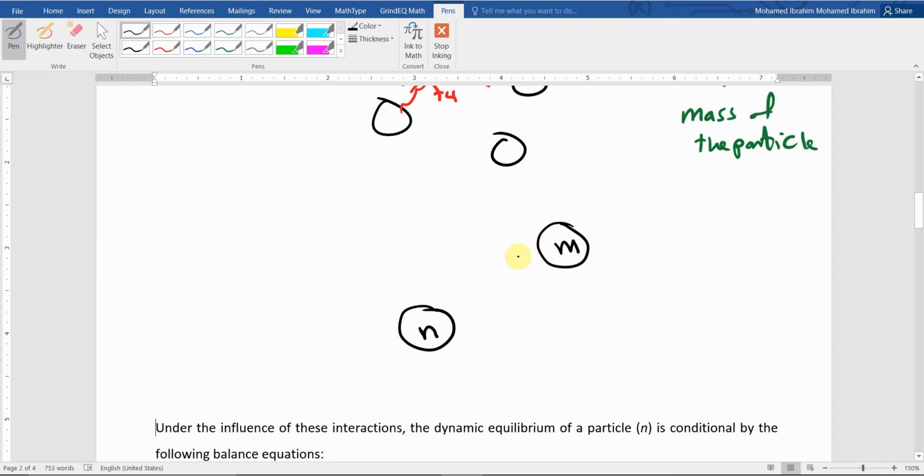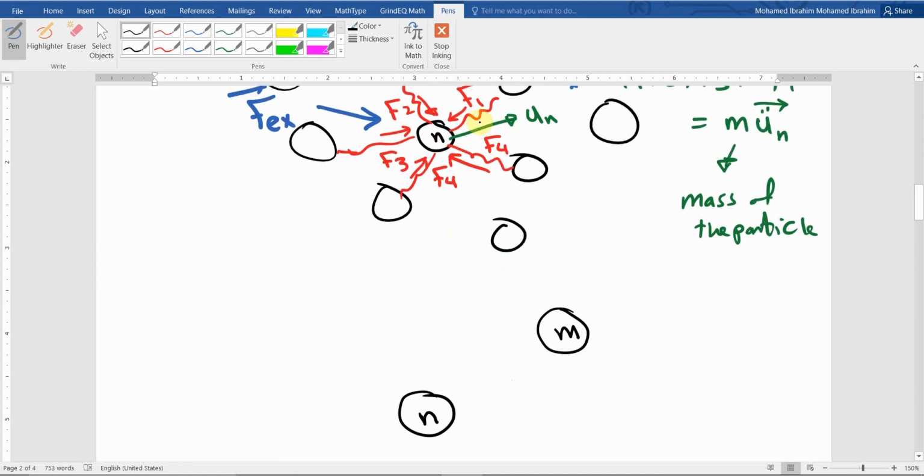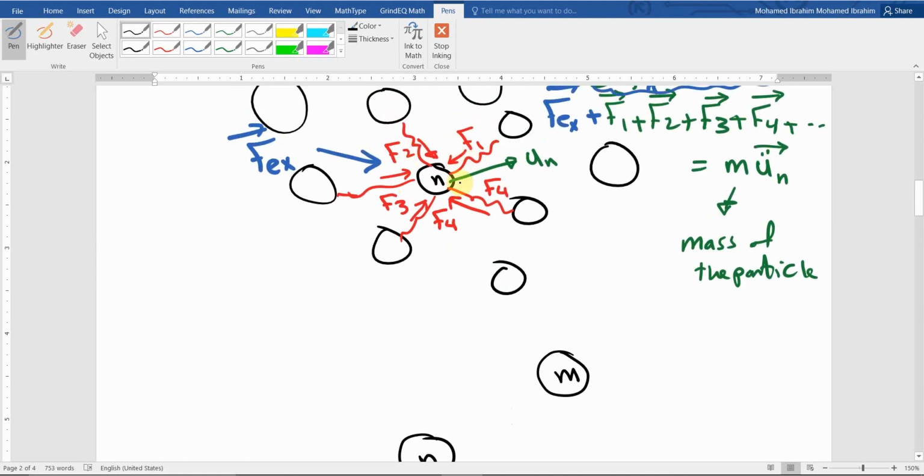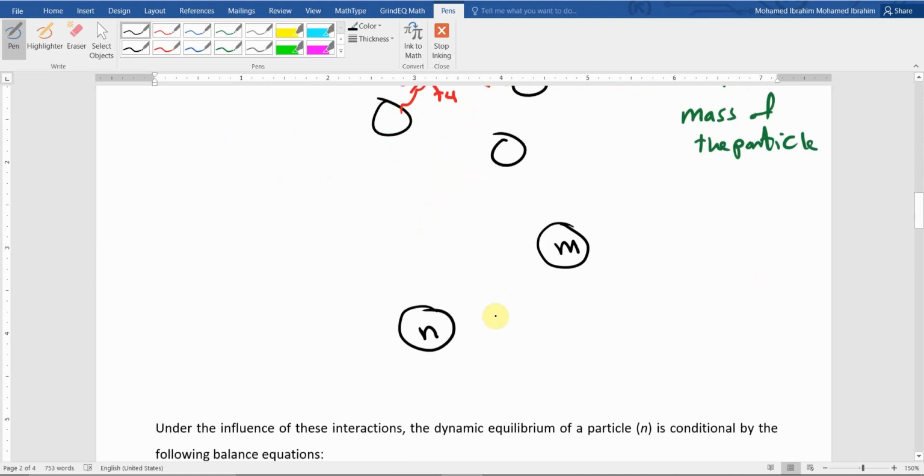It is not necessary, as I'm presenting here the forces F1, F2, F3 and F4, that this force goes directly from M to N. For some cases, we may experience a force from M that would be directed in this way.